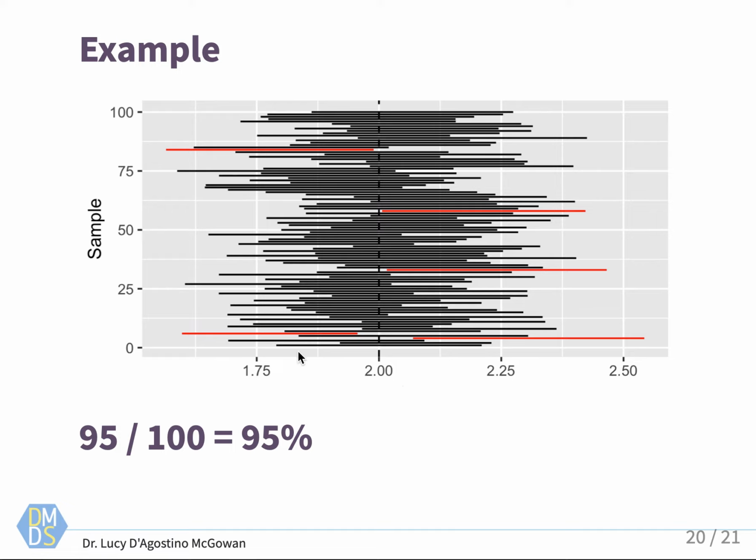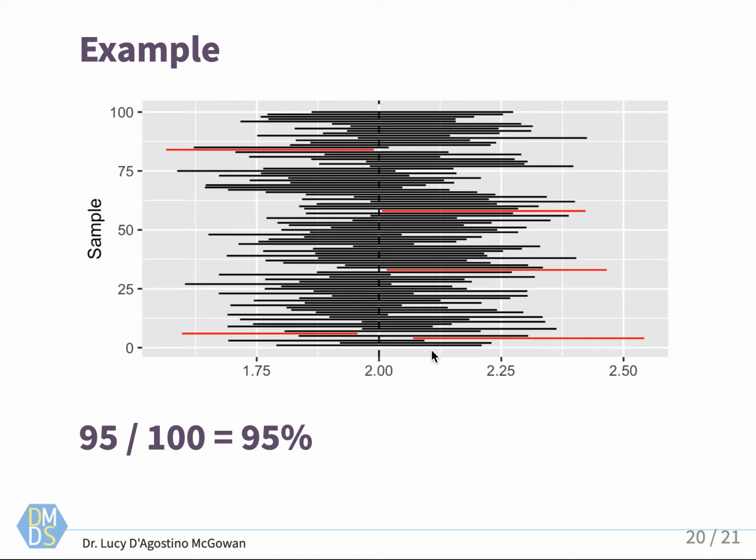It's possible that I am looking at this interval, and it's also possible that I'm looking at this interval. And I don't know which one I'm looking at, so I don't really have a sense of what the probability is that 2 is within the interval that I'm observing, because I don't actually know the true value to be able to make that assessment.